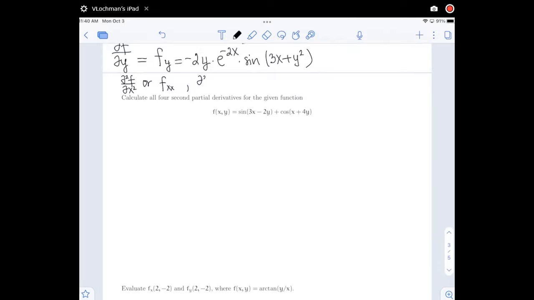Then we can have a similar notation with respect to y. So that means take the first derivative with respect to y and then differentiate that with respect to y again. Or fyy.